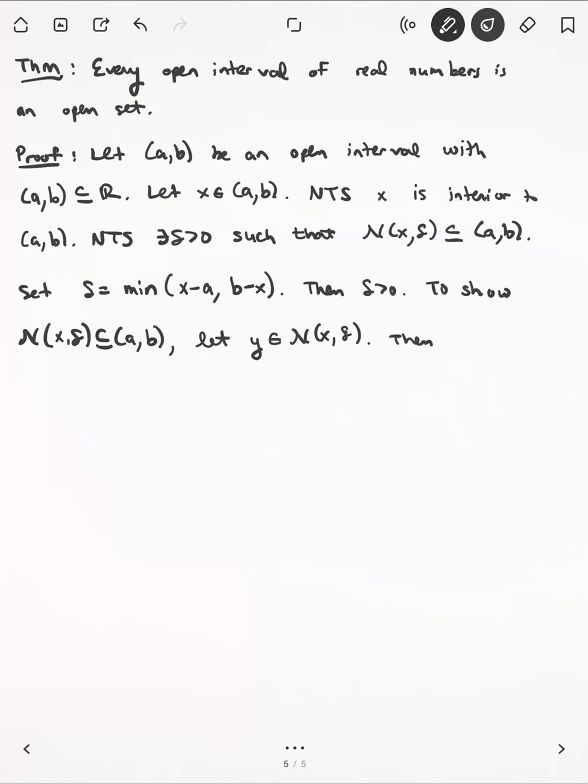Then a, which is, I'm going to do some fancy work here, but this is x minus delta, x minus a is less than or equal to x minus delta, because if x minus a is the minimum, that's going to be equal to delta.